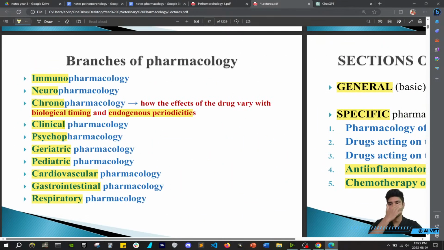Branches of pharmacology: neuro, chrono. Chrono means something to do with time, here biological timing and endogenous periodicities. Clinical pharmacology, geriatric pharmacology, pediatric.